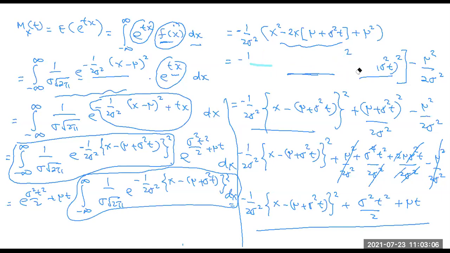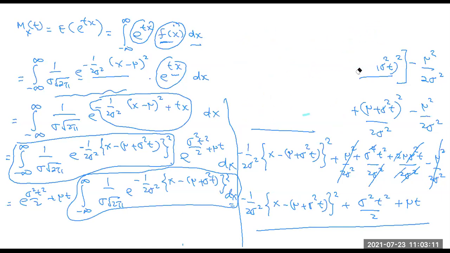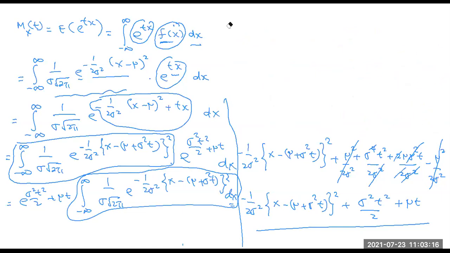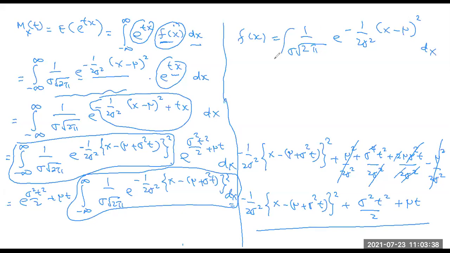Is it easy to see? You remember the PDF of the normal distribution: 1 over sigma square root of 2 pi, exponent of negative 1 over 2 sigma squared into (x minus mu) squared, with respect to x.